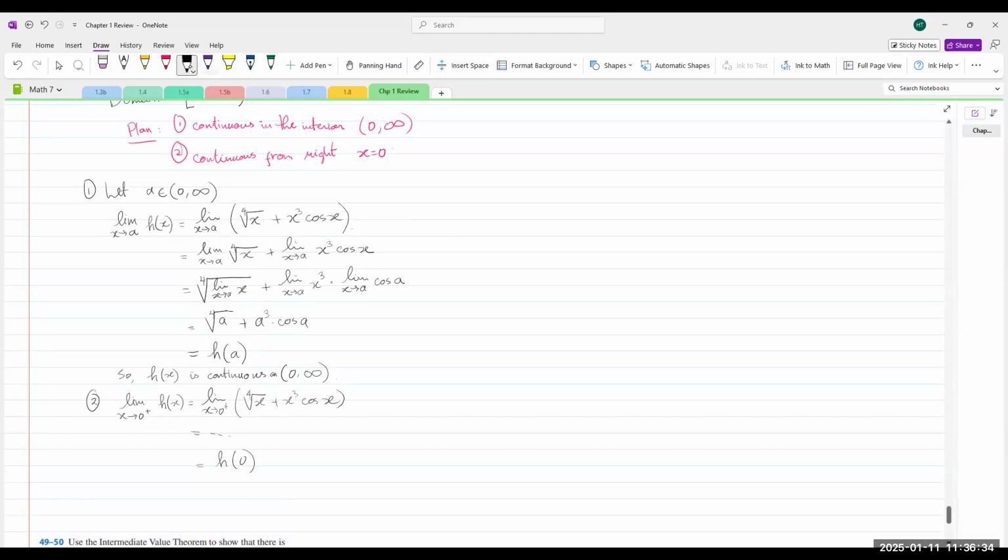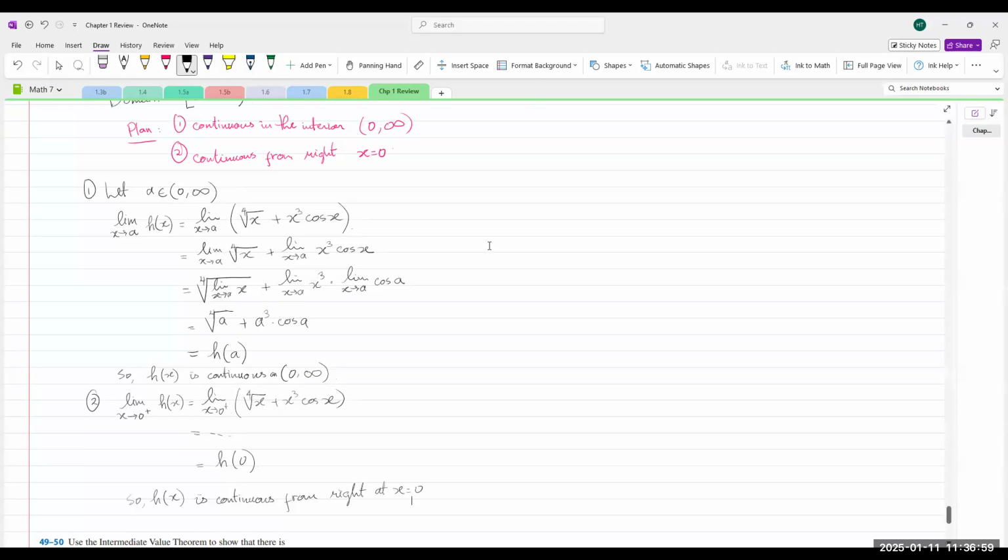Okay, so h(x) is continuous from the right at x equals 0.